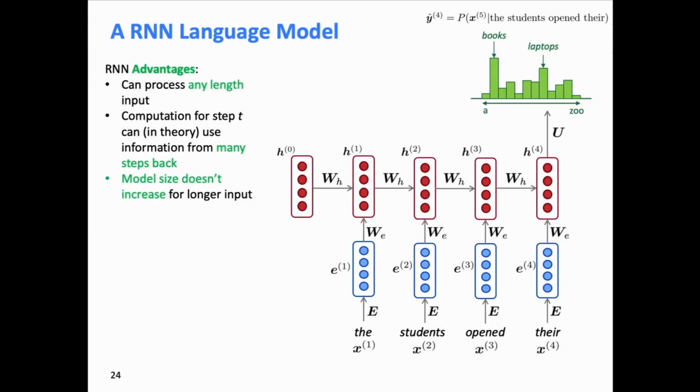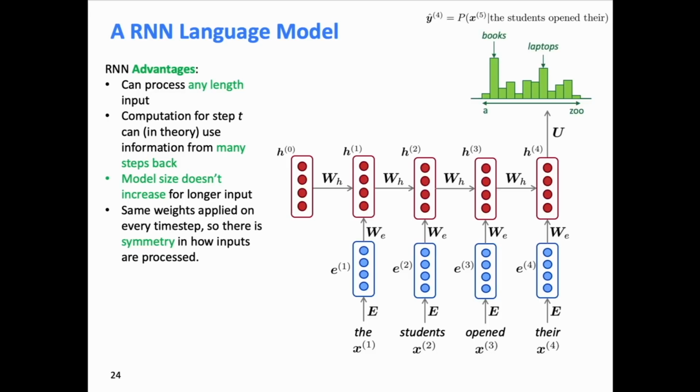Another advantage is that the model size doesn't increase for longer input. The size of the model is actually fixed. It's just WH and WE, and then also the biases, and also the embedding matrix, if you're counting that. And none of those get bigger if you apply it to longer inputs, because you just apply the same weights repeatedly. Another advantage is that you have the same weights applied on every time step.